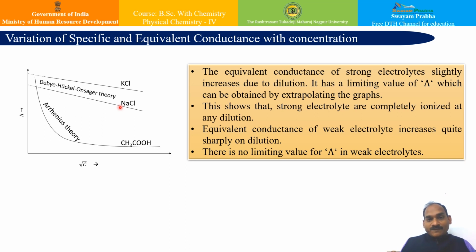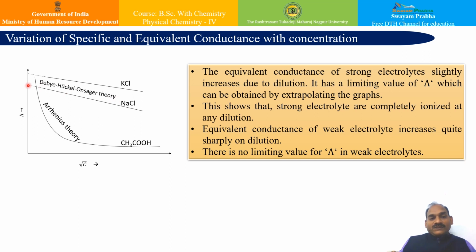It is quite obvious. However, the equivalent conductance will increase on dilution due to increase in volume of solution containing one equivalent of electrolyte. In this case, the conductance goes on decreasing, but volume goes on increasing. If you take the case of strong electrolyte, the variation is almost linear.